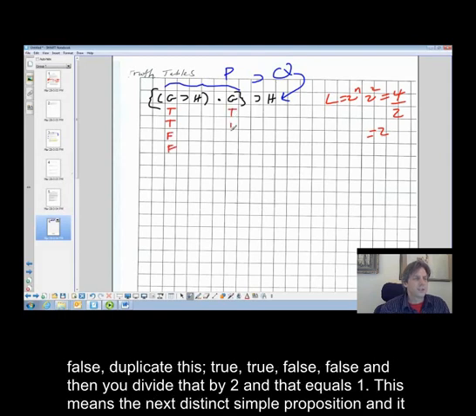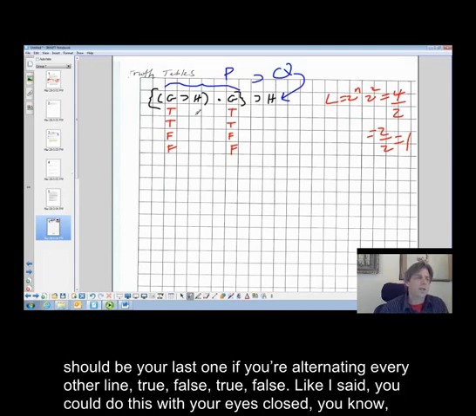Okay, duplicate this. True, true, false, false, and then you divide that by 2, and that equals 1. This means the next distinct simple proposition, and it should be your last one, you alternate every other line. True, false, true, false.